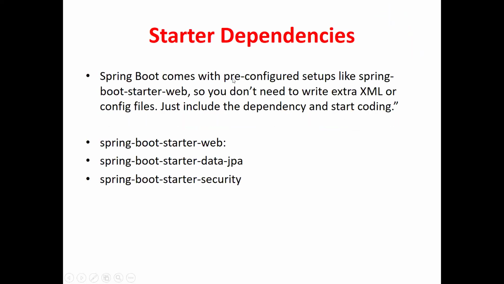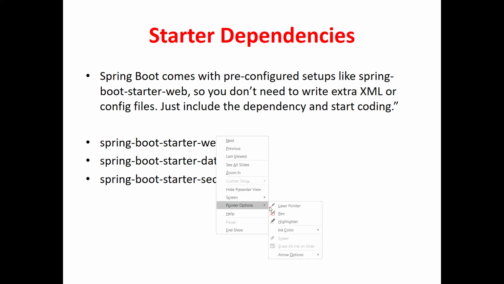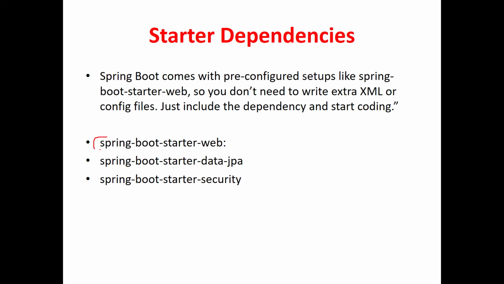Spring Boot comes with a pre-configured setup. It means if you want to create a web application or distributed application, we need to add one starter called Spring Boot Starter Web dependency. If you add this dependency, internally it will download a lot of dependencies for you to run as a web application or distributed application or anything.